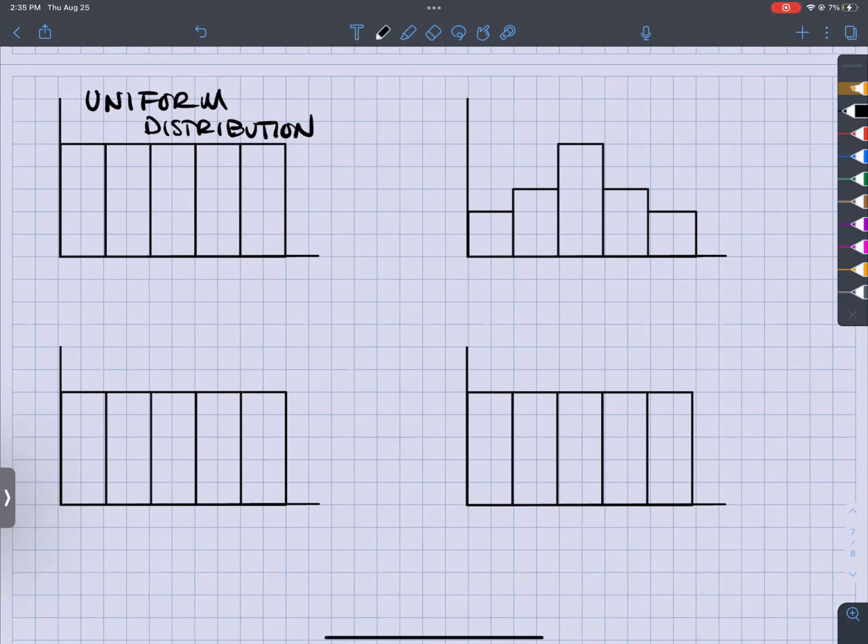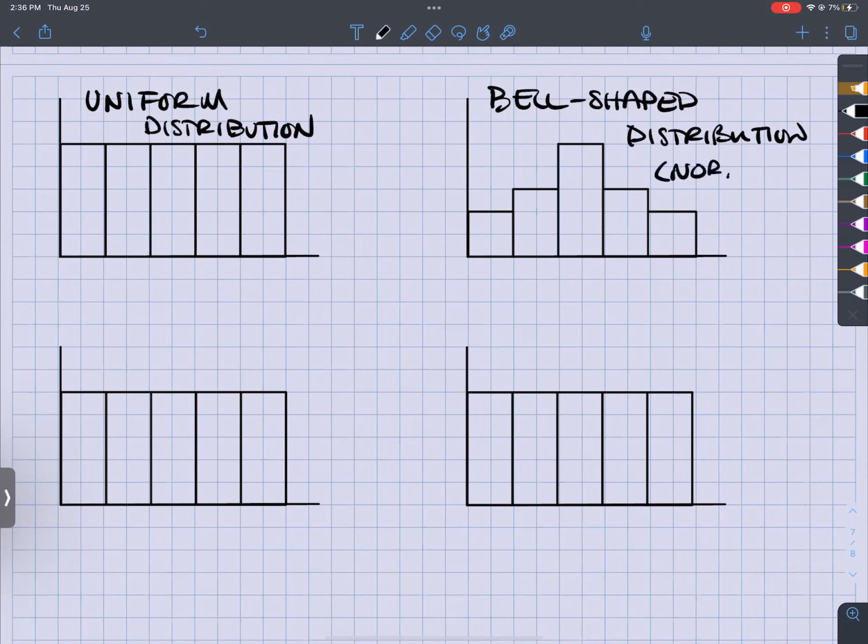If you see that everything is kind of even, where it looks like a bell, then this is called a bell-shaped distribution. And down the road, you're going to find that this is also called a normal distribution.